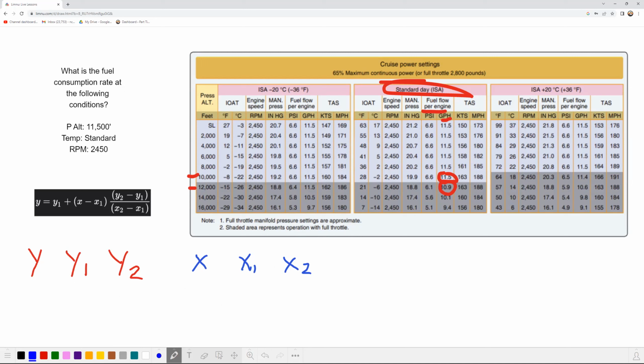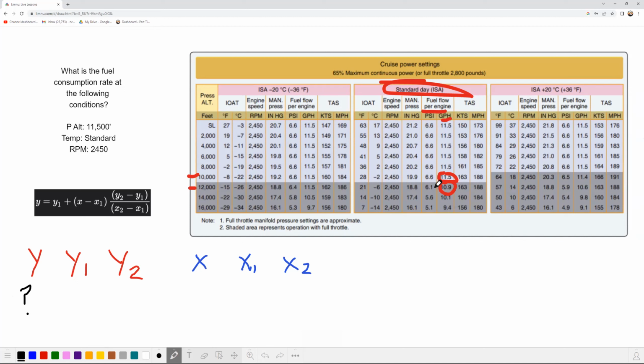All right, so y is what we want, and that is gallons per hour. So Y1, we know that Y is our fuel flow, so all the Y's are going to be fuel flow.